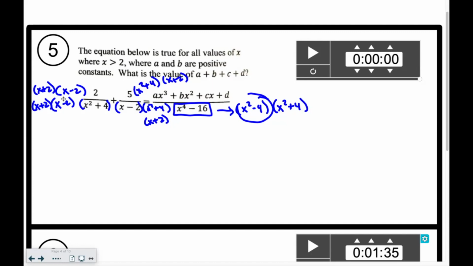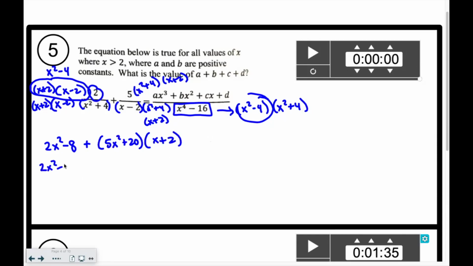So for the rest of the problem, I'm going to ignore the denominator, and I'm just going to focus on the numerator, and that's going to help me get A, B, C, and D. So what this really is, x squared minus 4. And if I multiply that by 2, that gives me 2x squared minus 8. Now over here, I can do it a couple ways. I can FOIL this and then multiply by 5, or I'm going to distribute the 5 to this one, and then FOIL it with the x plus 2.